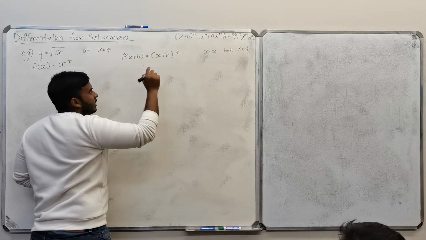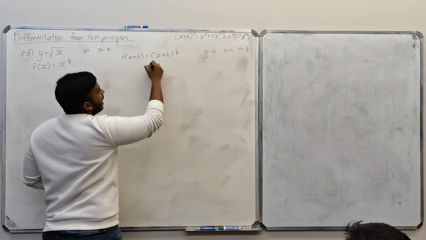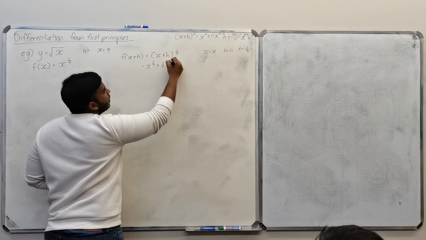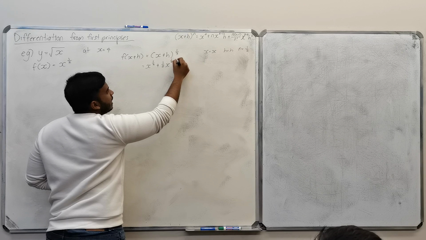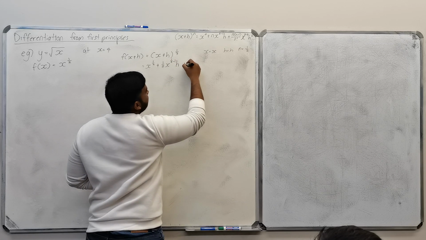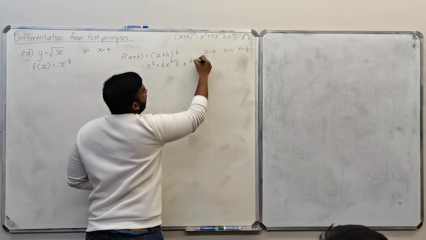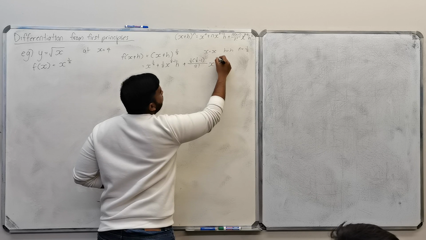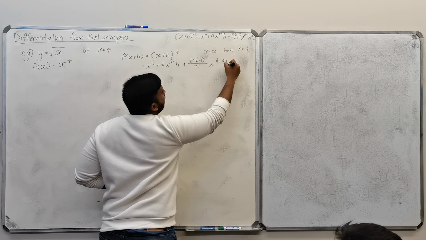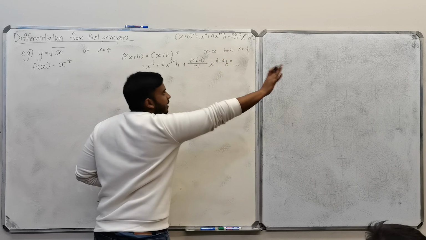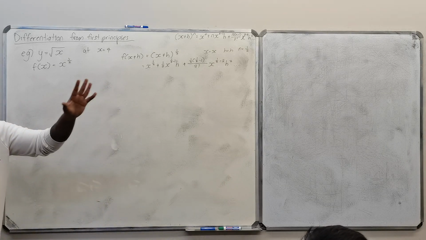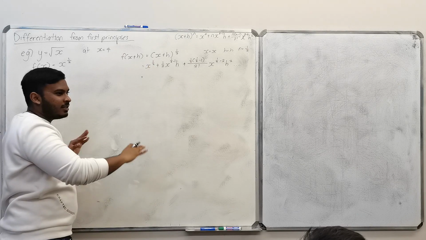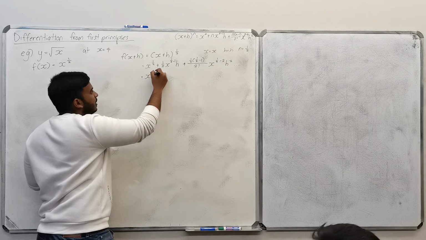So using binomial theorem, we end up with x to the power half plus half x to the power half minus 1 h plus half into half minus 1 all over 2 factorial x to the power half minus 2 h squared, and so on. Let's simplify this. This would be x to the power half.